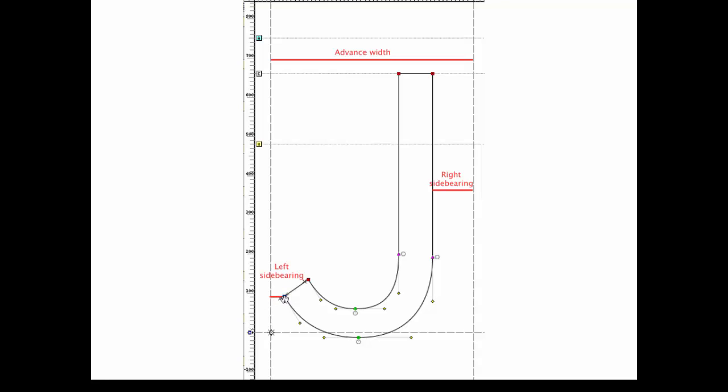So the left side bearing is the distance to the first leftmost point on the glyph, and the right side bearing is the distance from the other edge to the rightmost side on the glyph. Generally, these are both expressed as positive numbers, the amount of white space in between. However, you can have glyphs even that extend past the advance width on either the left or the right. So for instance, if this was a lowercase f, it is possible that the right side bearing might actually be negative instead of positive.